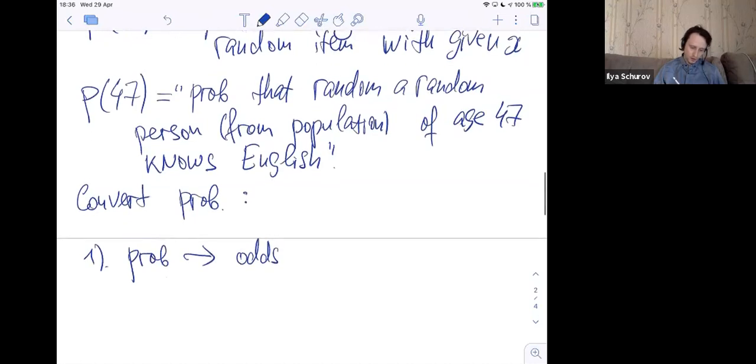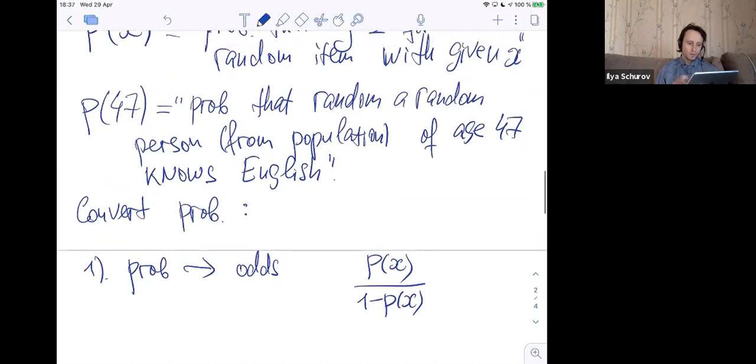This is the following thing: probability divided by 1 minus probability. This is called odds. And this is actually a known thing. For example, if I say that my chances to win are 1 to 1, what is the probability to win?